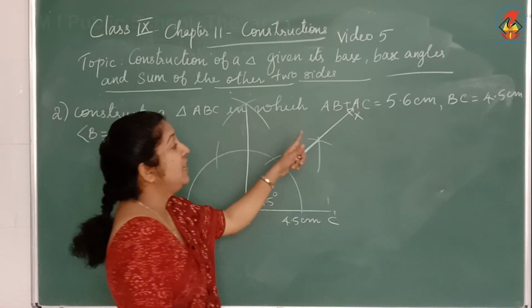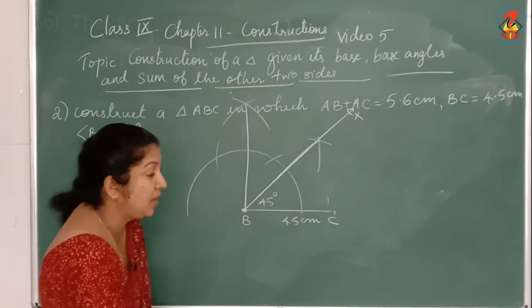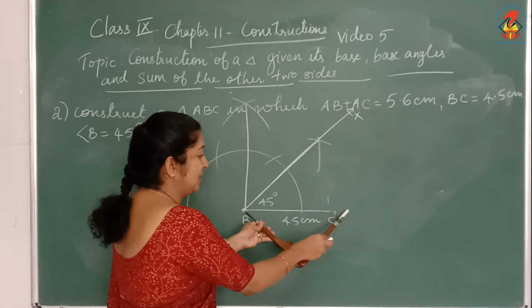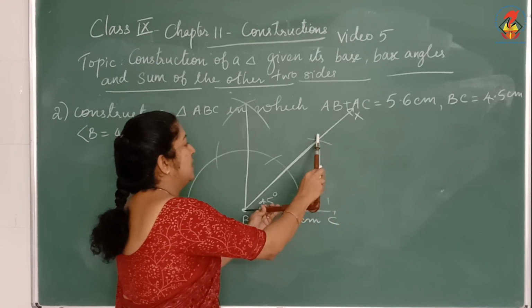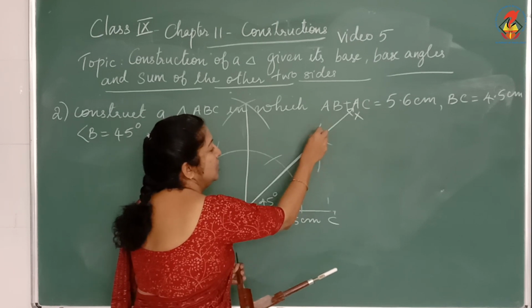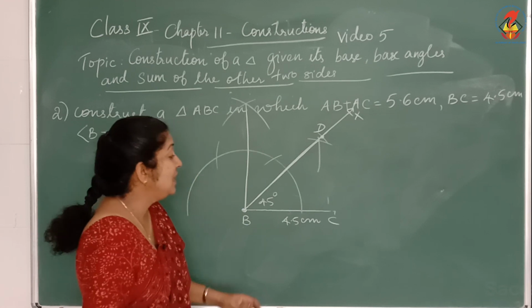We have to mark D, which is 5.6 centimeter away from this B. This is 4.5 I have taken. So I am marking D here. What's the next step? Join D and C.